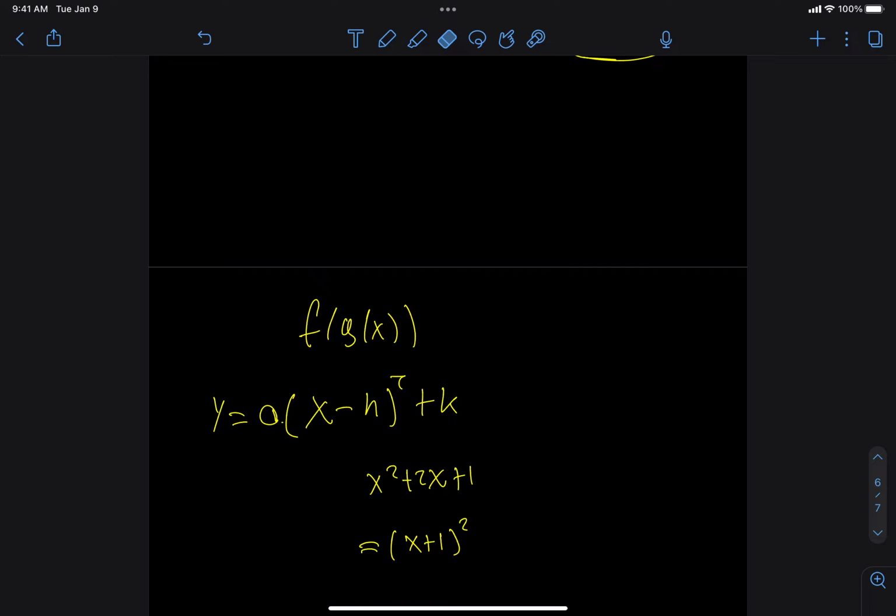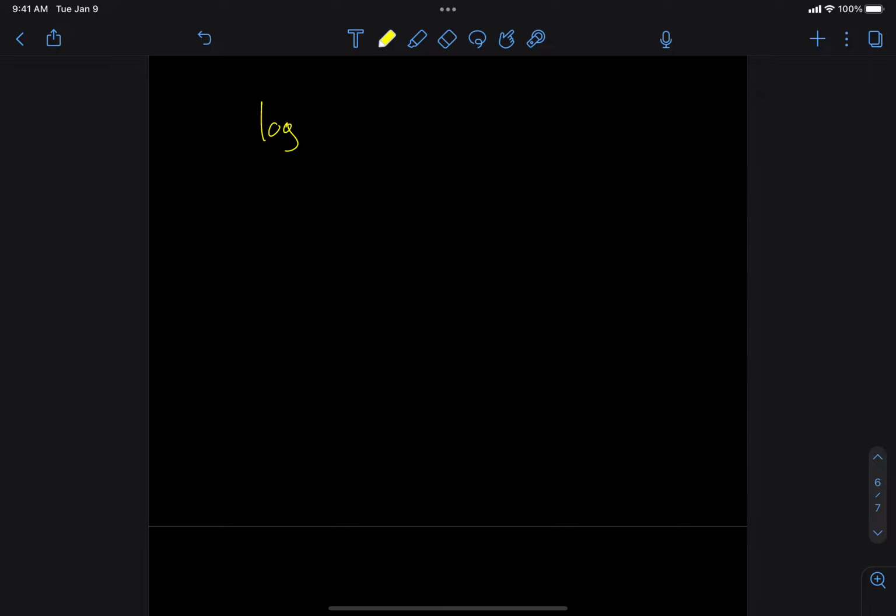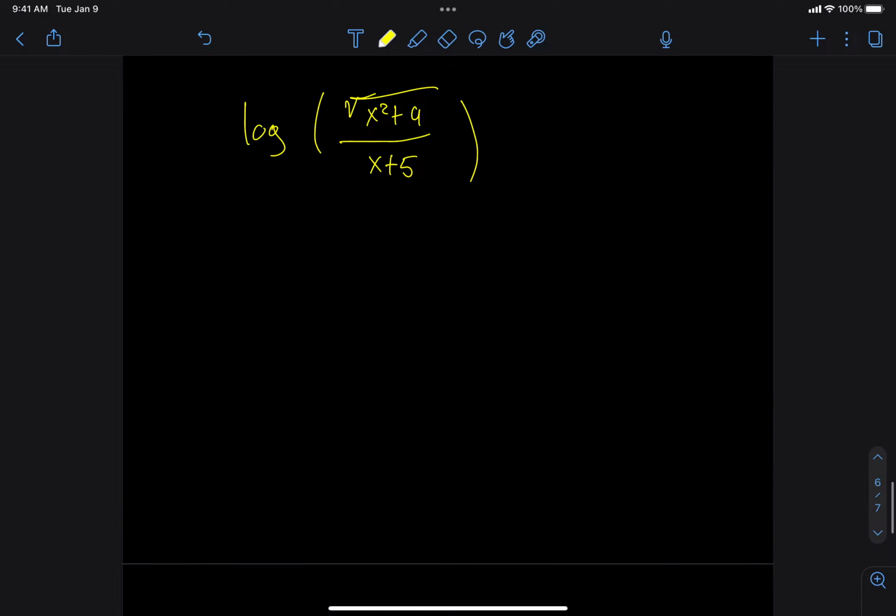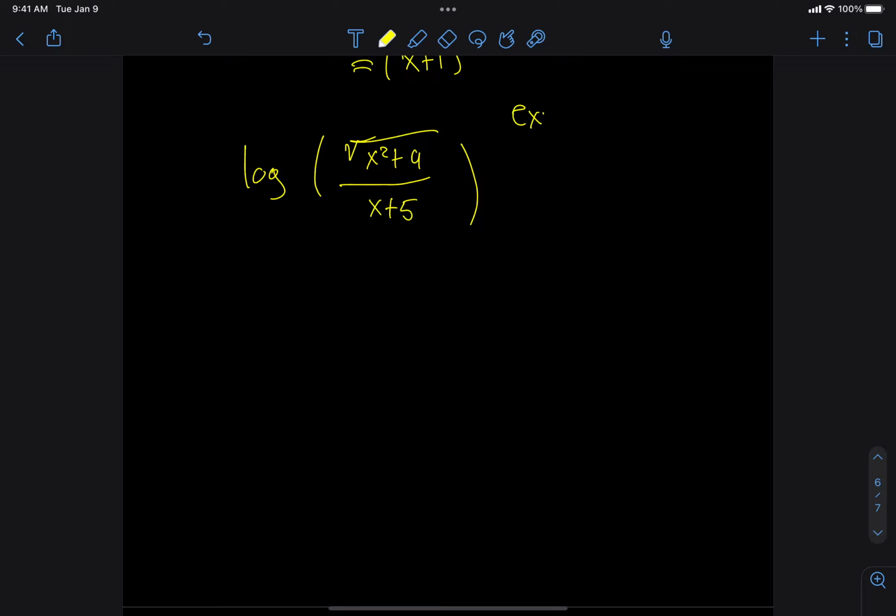Let's do something like this. This was on one of our quizzes, I think, or maybe an exam, I don't know exactly. Let's do it. Log of the square root of x squared plus 9, over x plus 5. So the goal, or the instructions, are to expand fully.